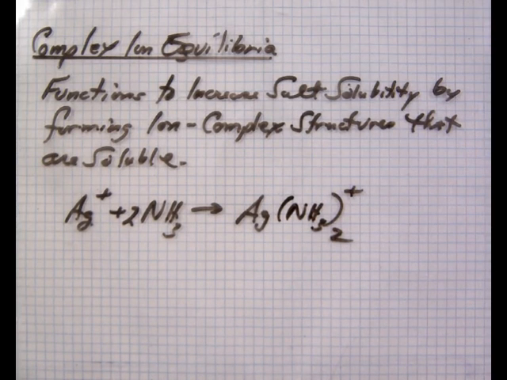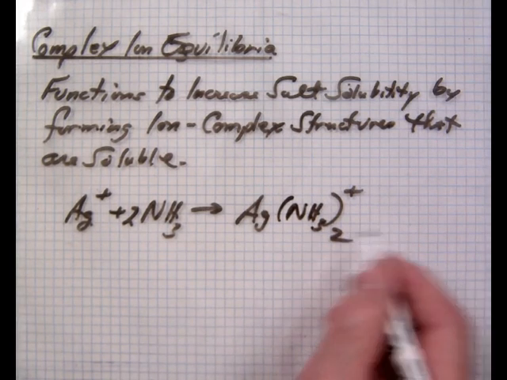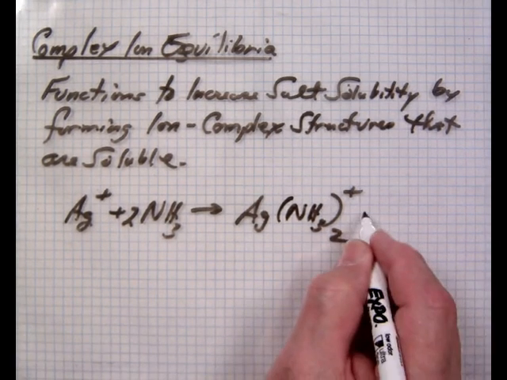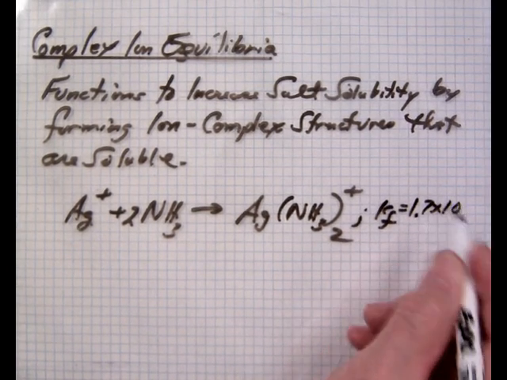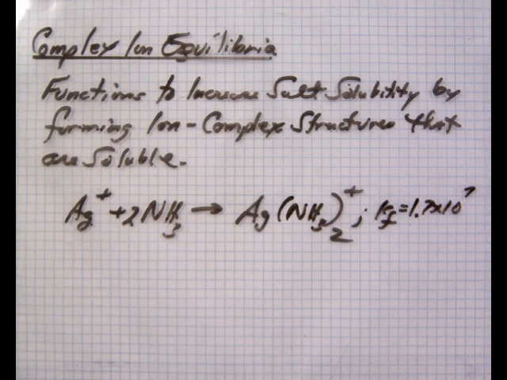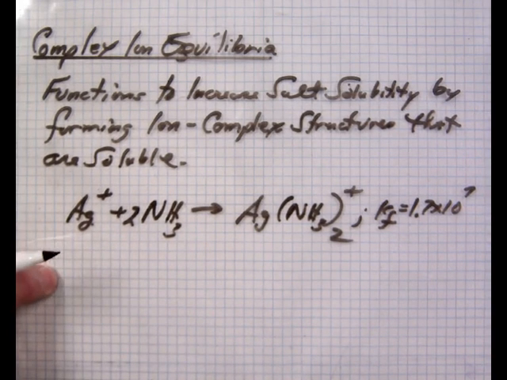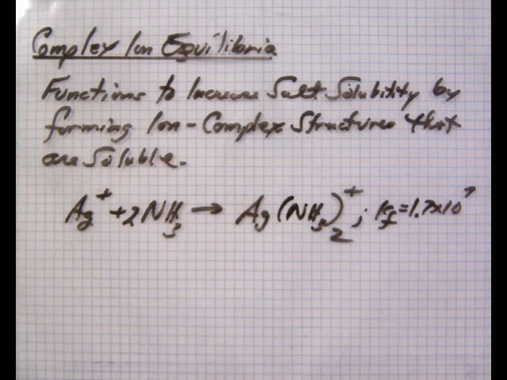It has a KF, something like 1.7 times 10 to the 7th. Very strong formation of that. So anytime you put ammonia in the presence of an ion, there are other compounds that can be formed, complexes like this. This is the one you'll see on test day, and it gets the principle across.